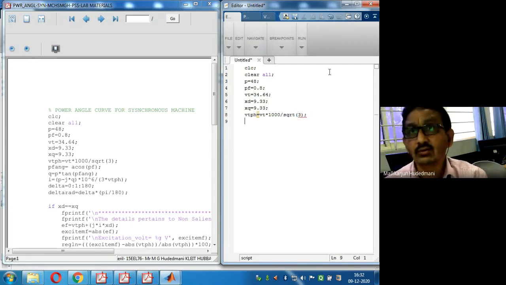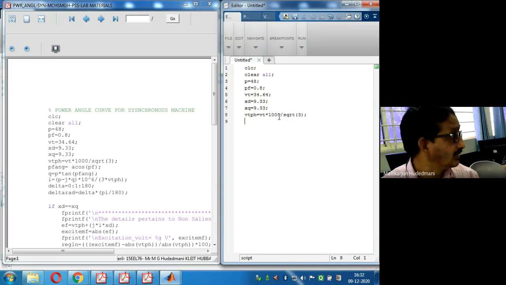What did I do here now? This is 34.64 only. It is not kilo. I am doing kilo here, into 1000. Clear? If you want, you can write into 10 to the power 3 here. It is your intelligence. I used only a number, into 1000, here. VT divided by root 3 is voltage per phase.